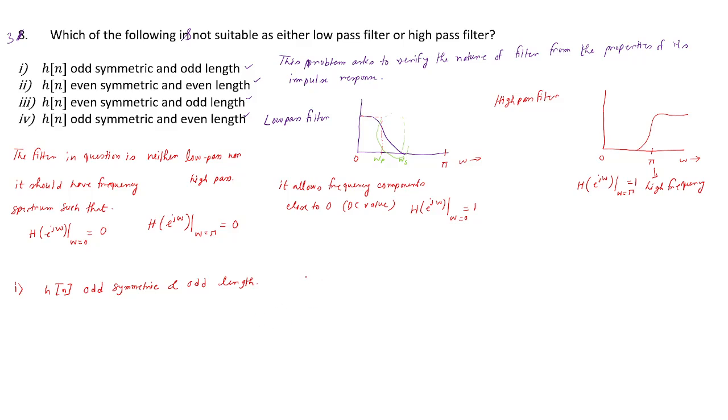Now odd symmetric corresponds to this property, that is h[n] should be minus h[N minus n] for n from 0 up to N.